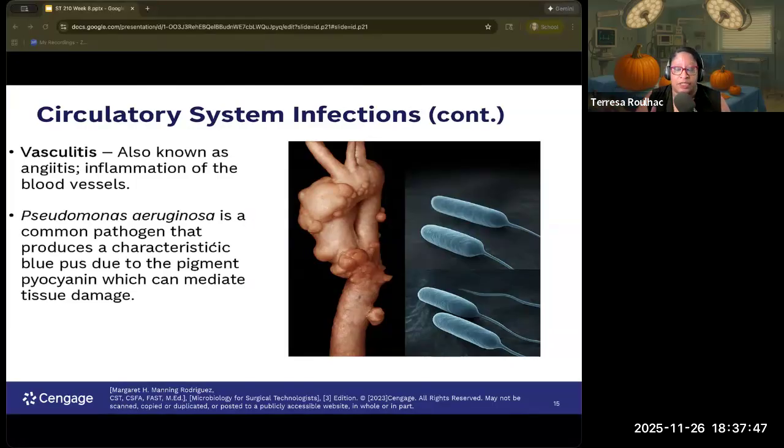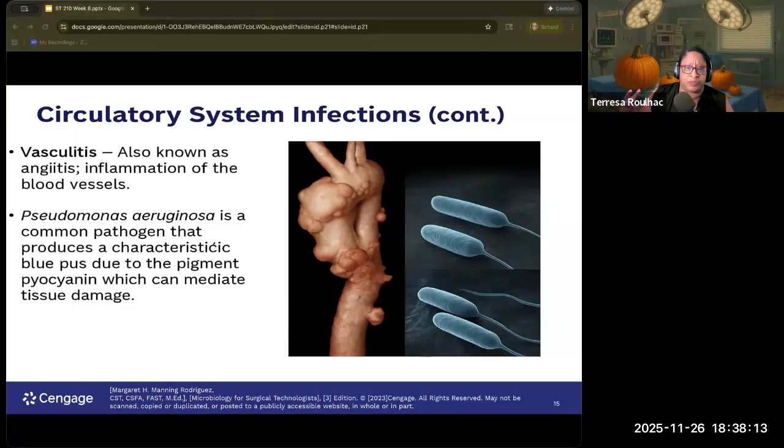Now, there are types the chapter wants you guys to know. Right-sided, it's going to be usually in younger or otherwise healthier people. It often affects the tricuspid valve. That's the right side. The left side is more serious. It's often with worse outcomes. Now, keep in mind that vasculitis can damage organs because of the poor blood flow.